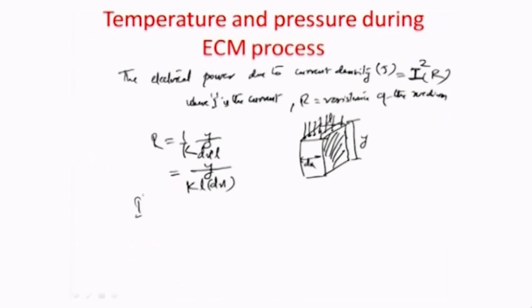So, in other words, I square R can be written down as, of course, the current density, which is actually perpendicular to this face with area dx times L. So, I can write this as J times dx times L, squared. So, square of all of these times R given by y by k L dx. In other words, it can be written down as J square L dx y by k.